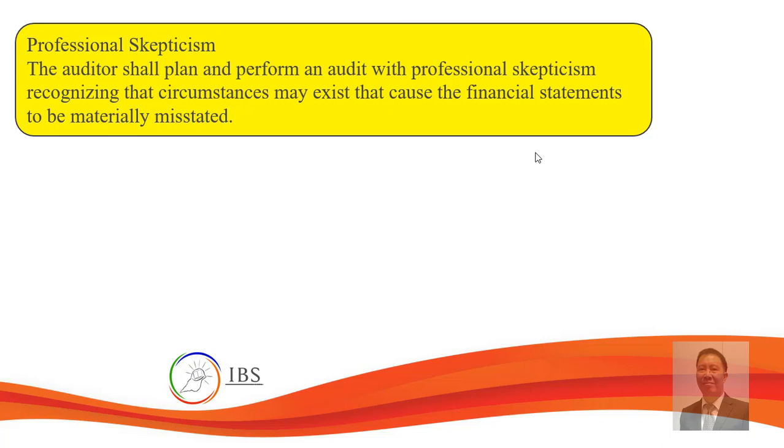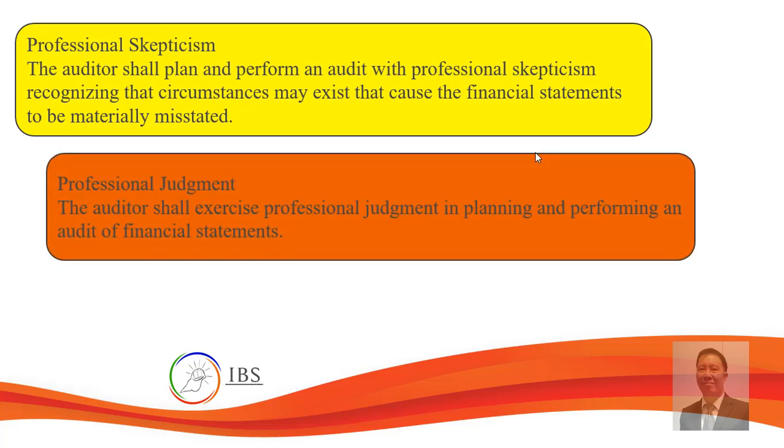Okay, when you perform your audit, we have to possess this attribute, professional skepticism. The auditor shall plan and perform an audit with professional skepticism, recognizing that circumstances may exist that cause the financial statements to be materially misstated. Professional judgment, on the other hand, is where the auditor exercises professional judgment in planning and performing an audit of financial statements.